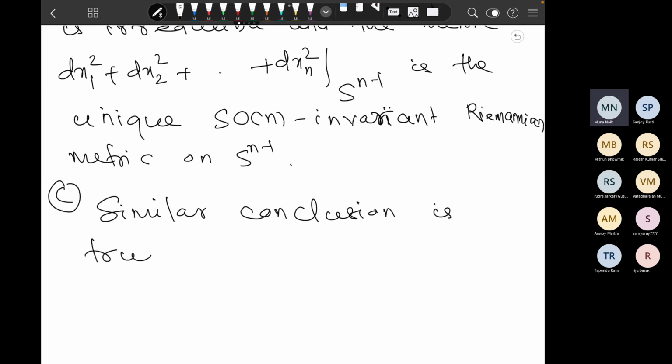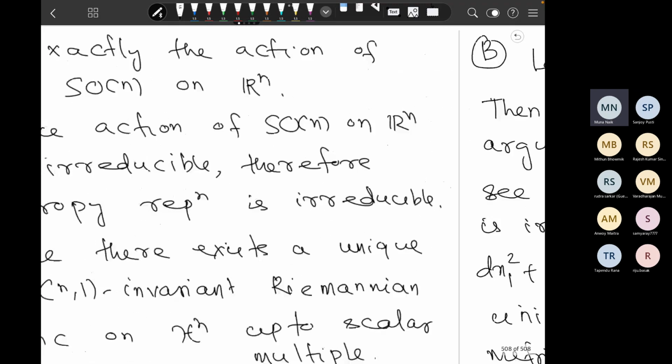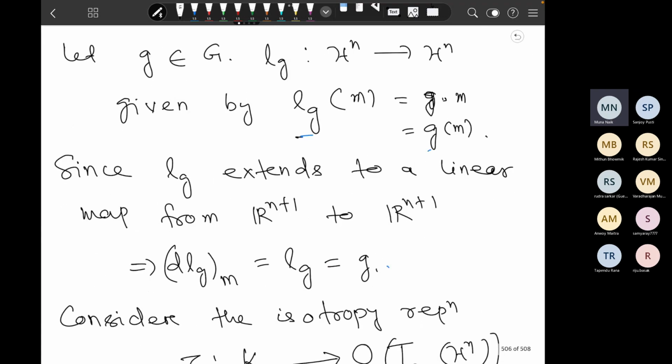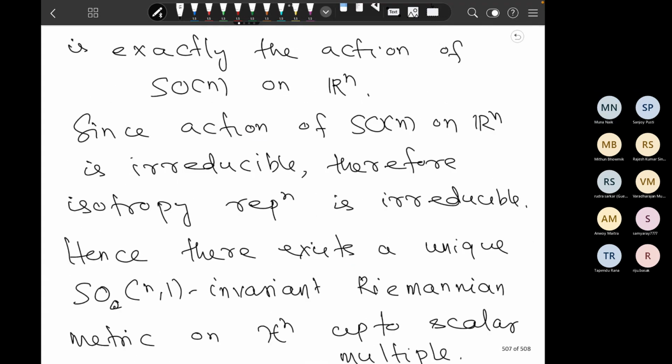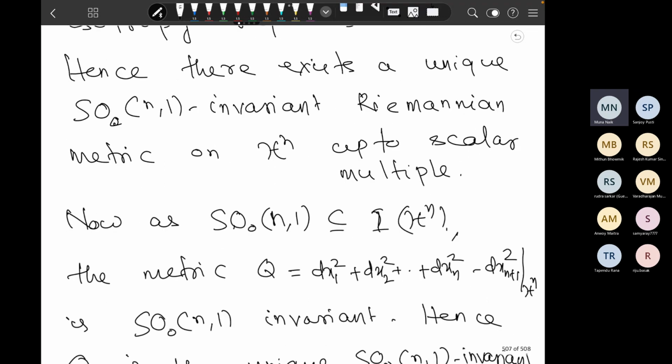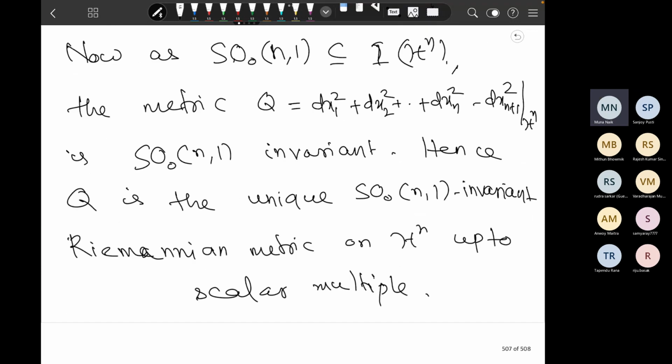It's true for this, the Euclidean space also. Okay, so these are some interesting corollaries of the fact that whenever this isotropy representation is irreducible, and we will see later there are some other interesting corollaries also.